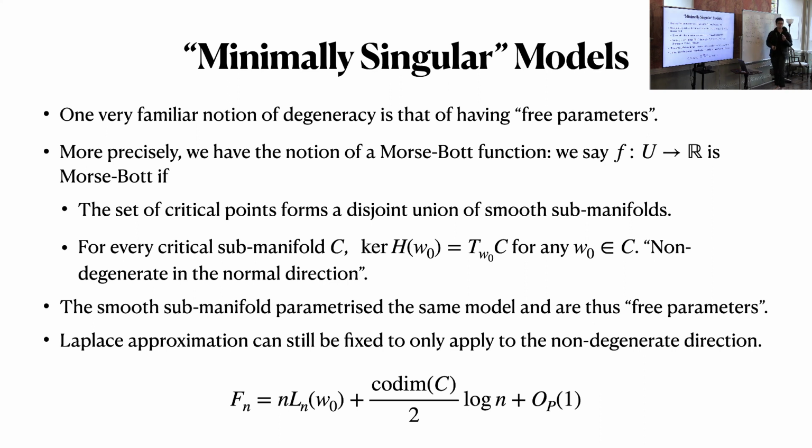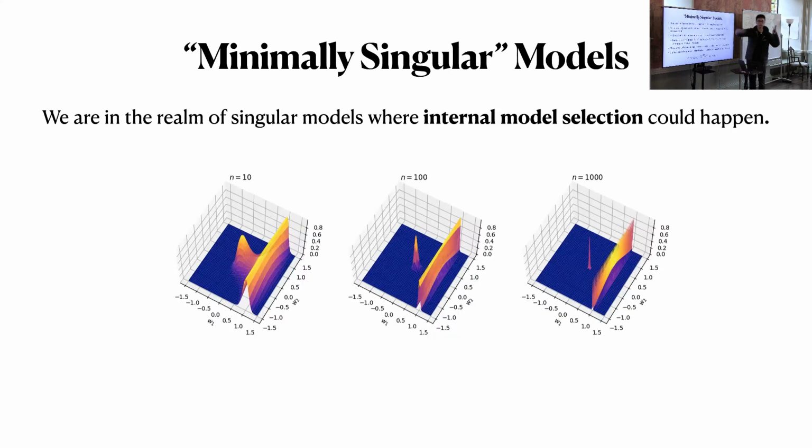So for the Laplace approximation, you also assume that the critical submanifold is compact, I guess. Yes, throughout the entire talk, this is one of the technical assumptions that I didn't mention. All the integrals exist, right? Okay. So the D over 2 term becomes the codimension, meaning D minus the number of free parameters.